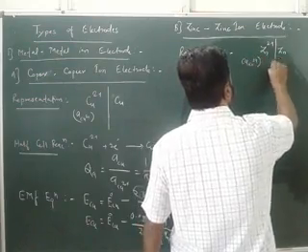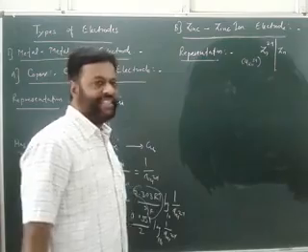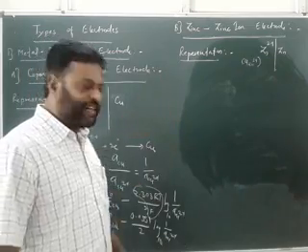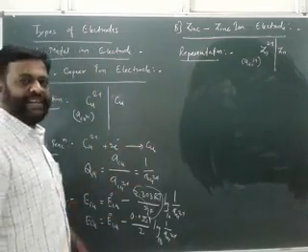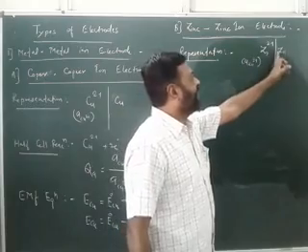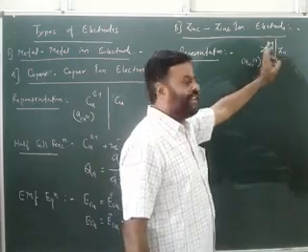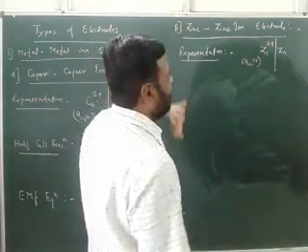So this is the representation of the positive electrode. Similarly, metal zinc is in contact with a solution containing its own ion. So this is the metal ion electrode.